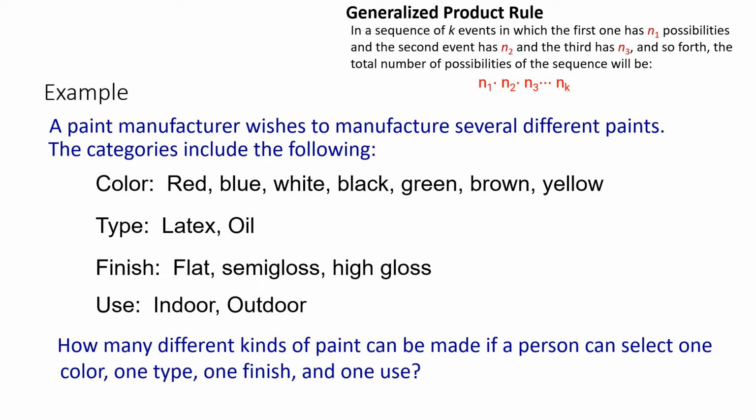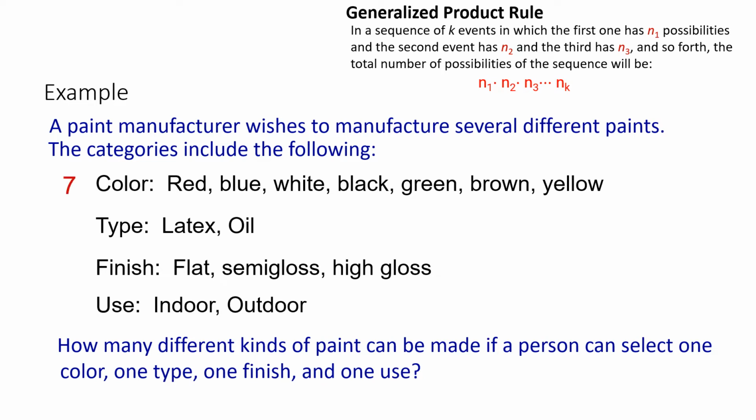So we could see this as a sequence of choices. We're going to choose what the color is, choose the type, choose the finish, choose the use. And so this generalized product rule would say, well, we'll find how many possibilities for that first choice, and then how many possibilities for the second choice, and so on, and then multiply all those numbers together.